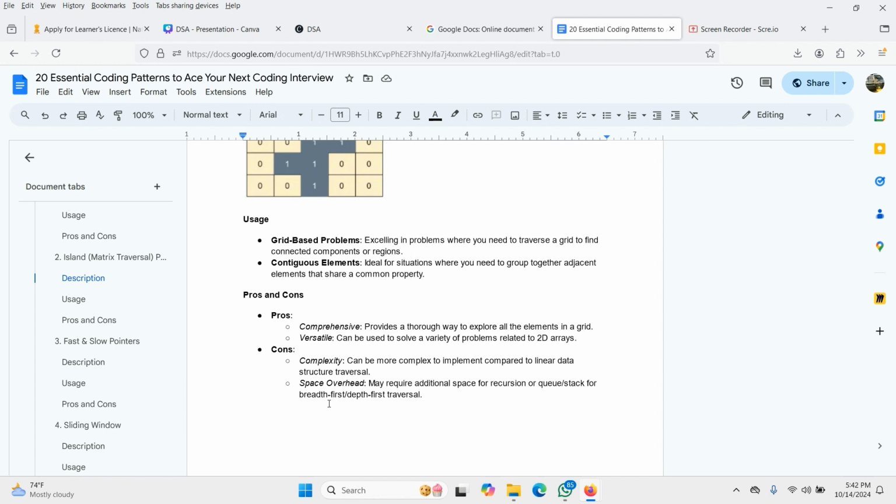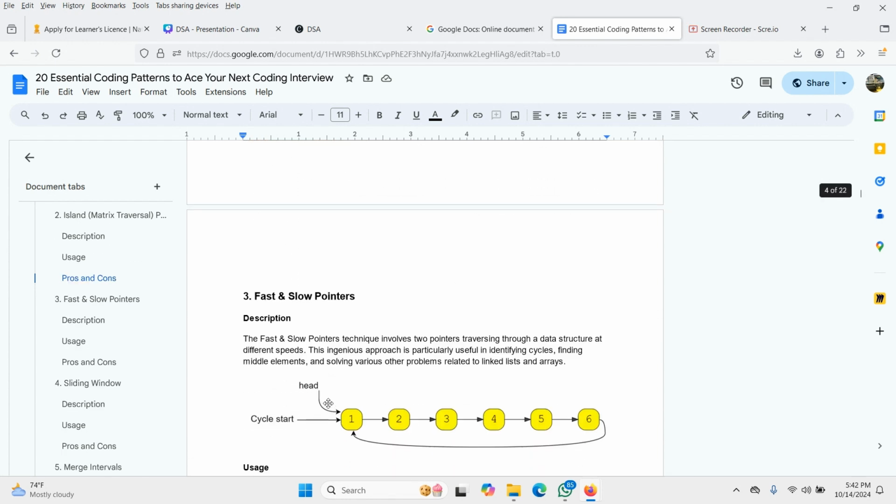Since I've already discussed that this type of coding question pattern is mostly used in graph problems, the con of using this pattern is that it requires more space for the recursion, queue, or stack for the breadth first and depth first traversal.